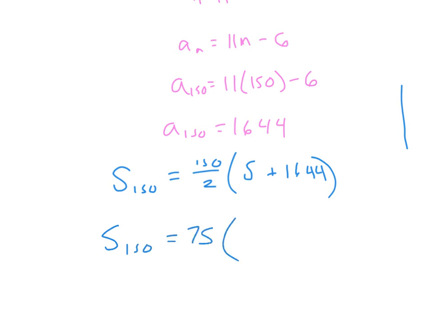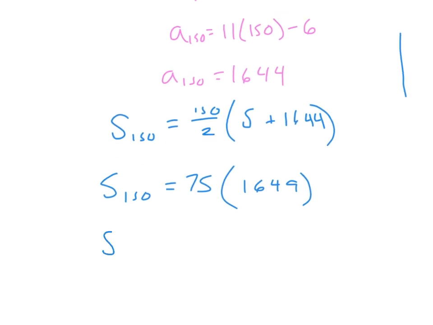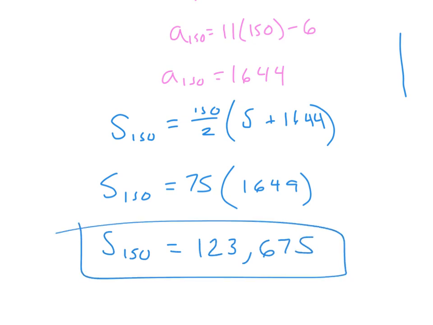And 5 plus 1644 would be 1649. So 75 times 1649 gives us what? 123,675. Perfect. And that's our sum of the 150 terms in our sequence here.